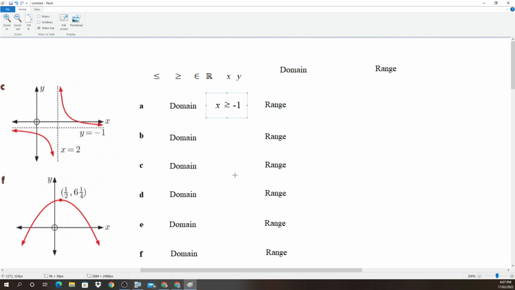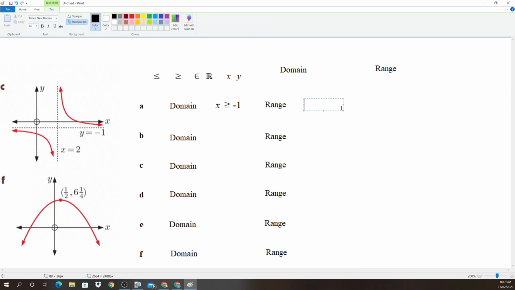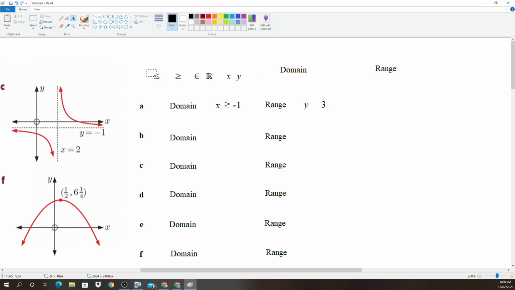Now, y goes down by 3. So let's write that out. Y is less than or equal to 3. So in this space, 3, and that's less than or equal to.